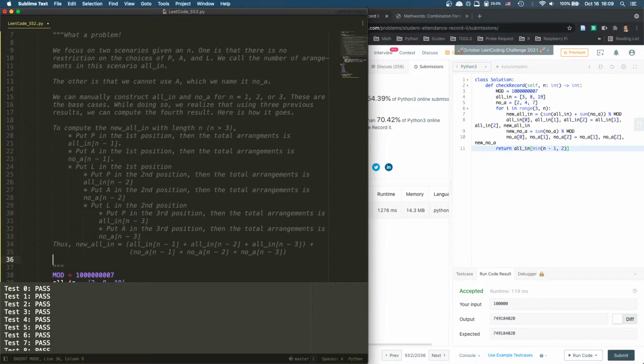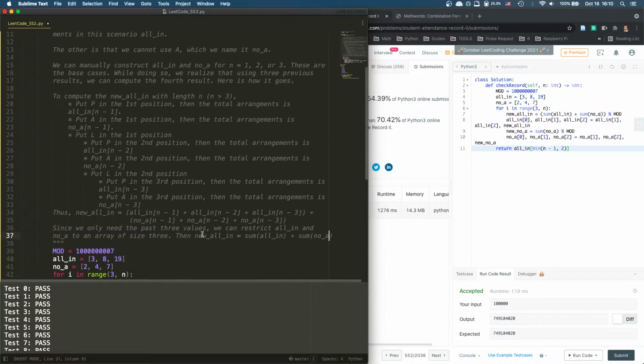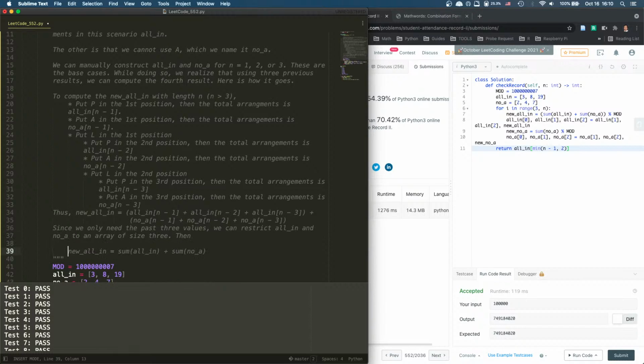Since we only need the past 3 values, we can restrict all in and no A to an array of size 3. Then new all in equals sum all in plus sum no A. Yeah, this is important.